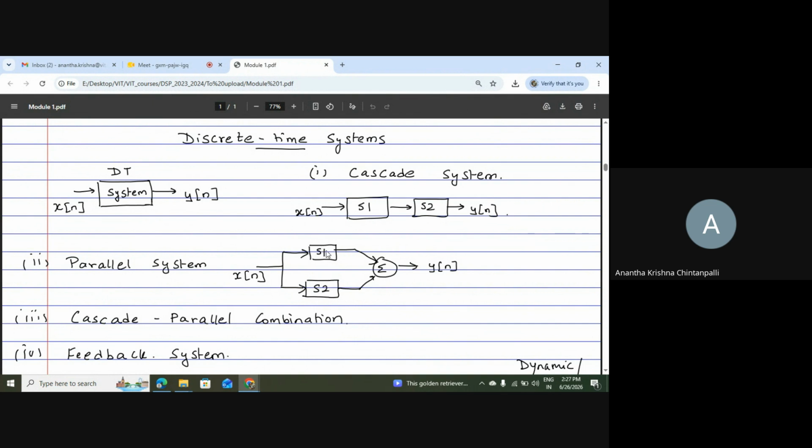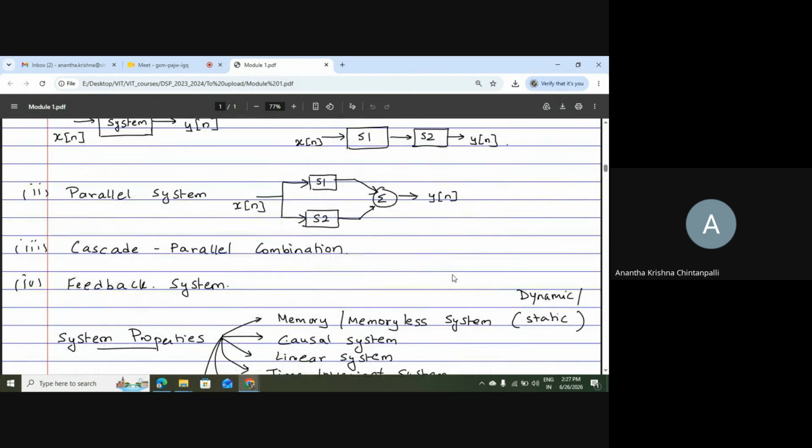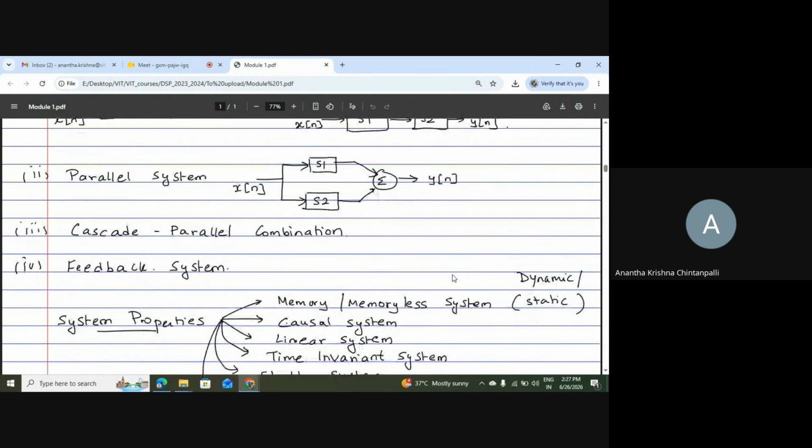These are the two subsystems, and then it is passed through an adder, and finally you get an output. You can have a combination of these two, cascade and parallel. The fourth one, which we predominantly talk about in control systems, is the feedback system, meaning that the output in some form feeds back to the input.